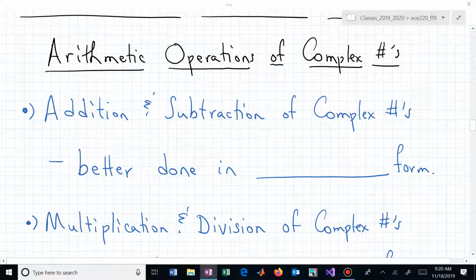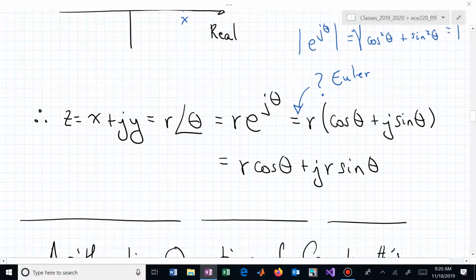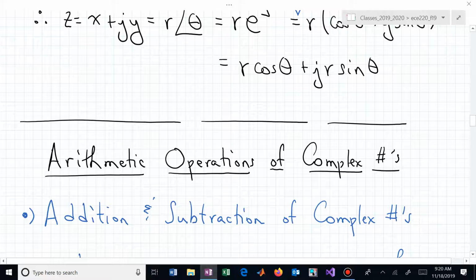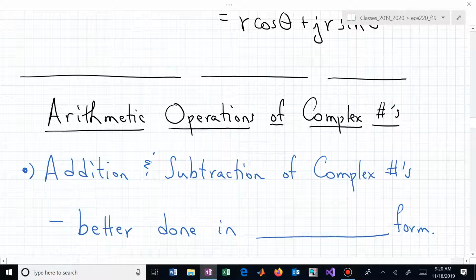Addition and subtraction. When are they better or easier to perform? In what particular form of the complex number is it easier to add? In rectangular or exponential or polar? If we're now adding and subtracting and we have these possibilities, x plus jy, if we're adding z1 and z2, what's the easier way to add those?